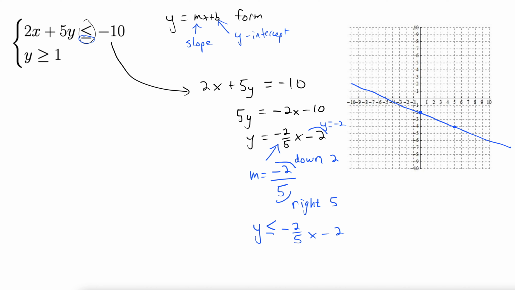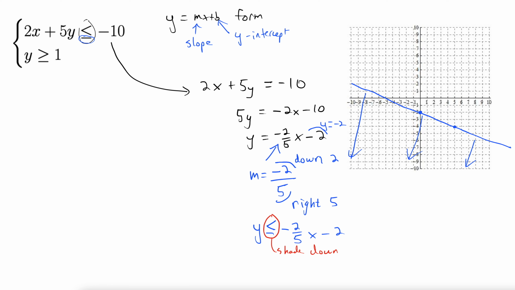And less than always means shade down. Shade down. Okay, so that works as long as you're in y equals mx plus b form. It does not necessarily work if you're not in this form, so make sure you're in y equals mx plus b form before you make this assumption about shading. All right, and here we go. We're shading down.